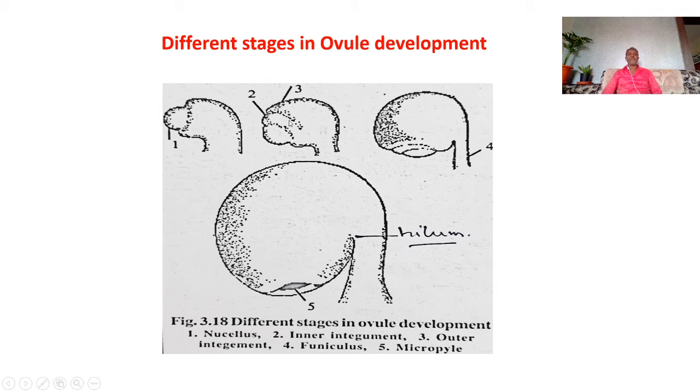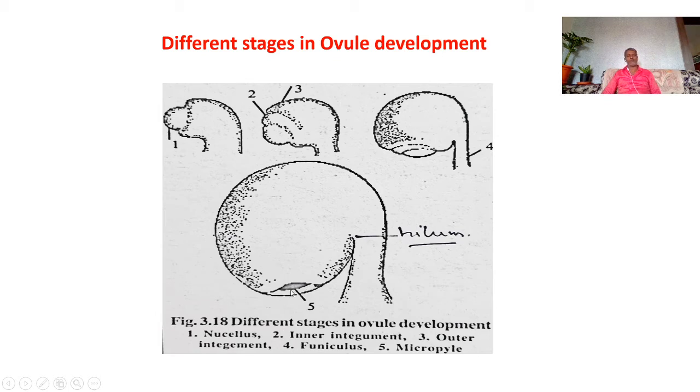These integuments grow towards the micropylar region, that is towards the upper side, and they completely cover, leaving a small minute place near the tip. It is known as micropyle. See, these inner and outer integuments grow from the lower side towards the upper side, leaving a narrow minute space.